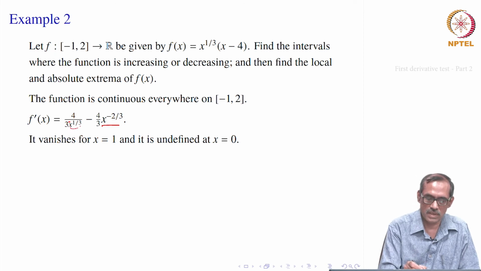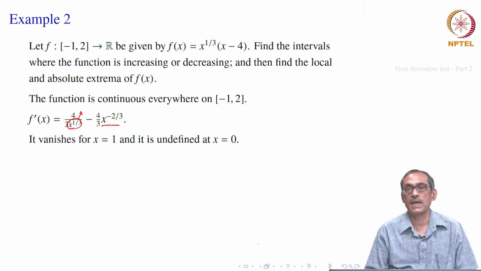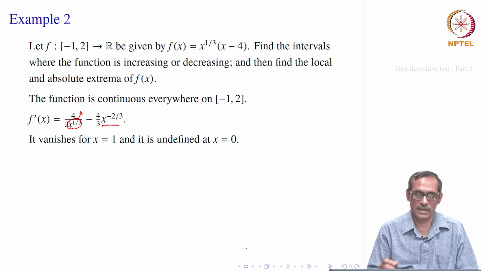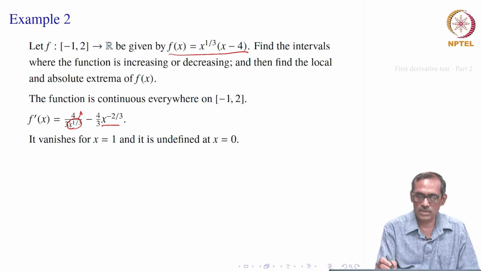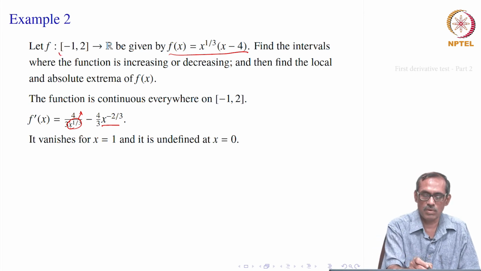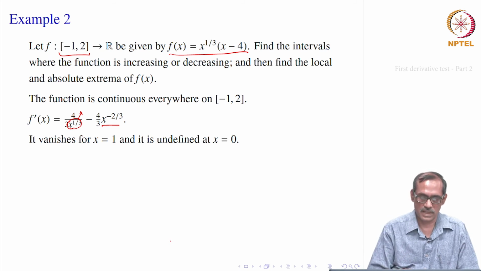So, this x^(2/3) is on the bottom now. Okay. So, the critical points are now 2, not only 1. It is 0 for x = 1 and the function is not differentiable at x = 0. So, we have 2 critical points. Of course, the function is continuous on the closed interval -1 to 2. So, we can apply our earlier reasoning.